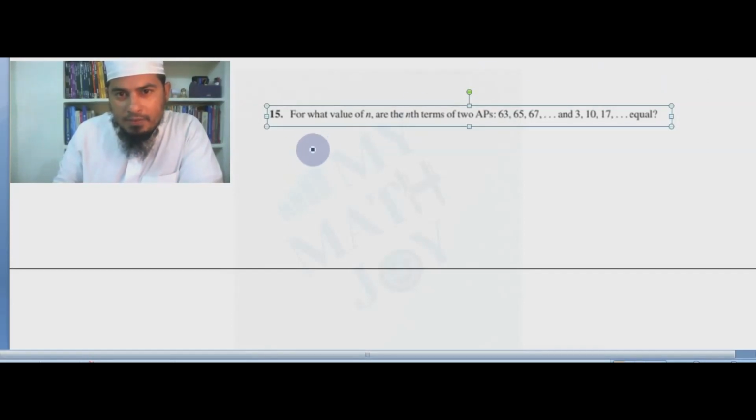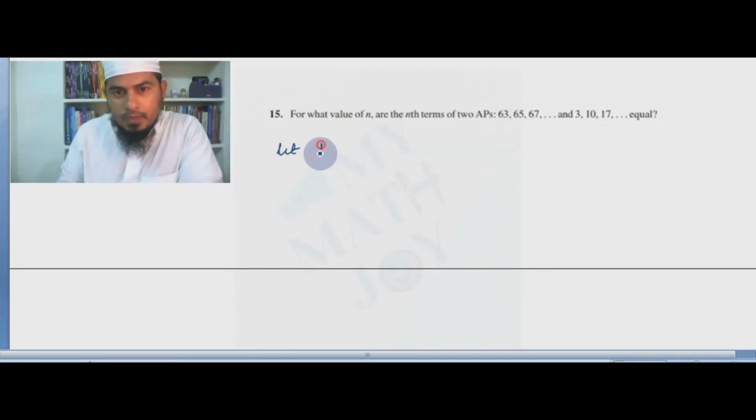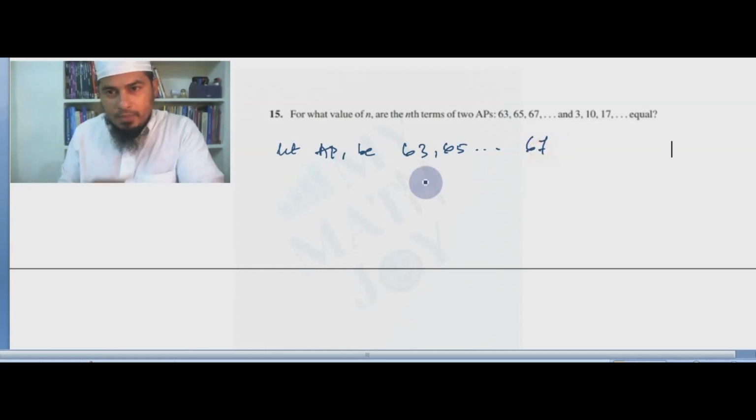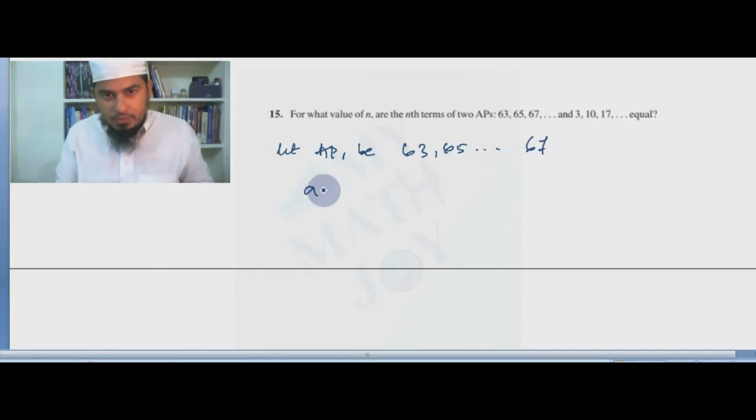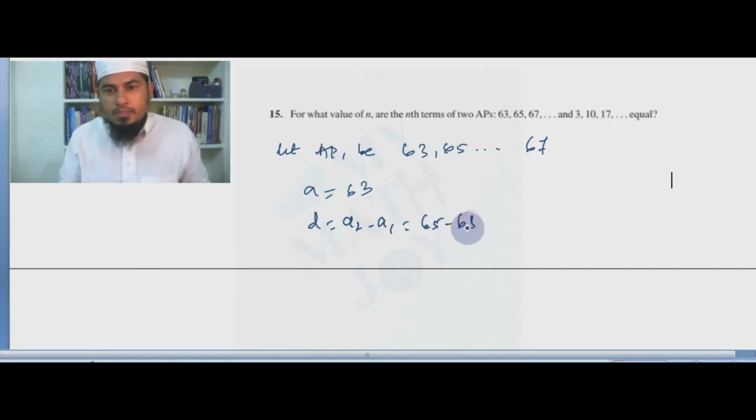What he gave us, given two APs: let AP1 be 63, 65, 67, and so on. So we got here the A value is 63 and the D value is A2 minus A1, 65 minus 63, exactly 2.